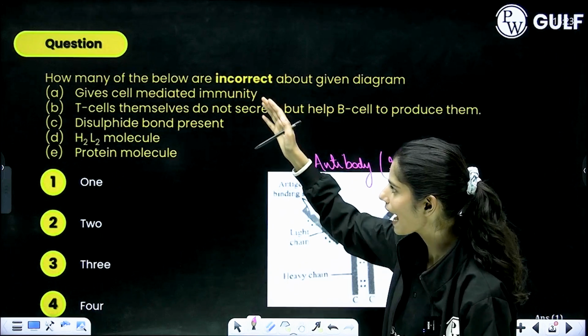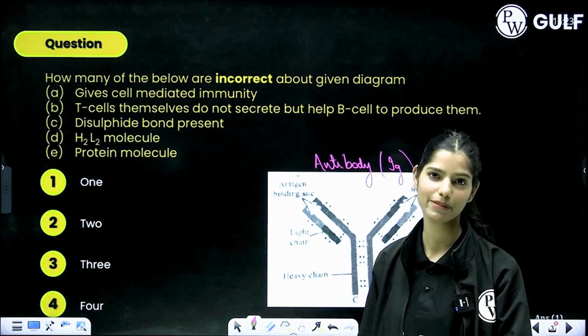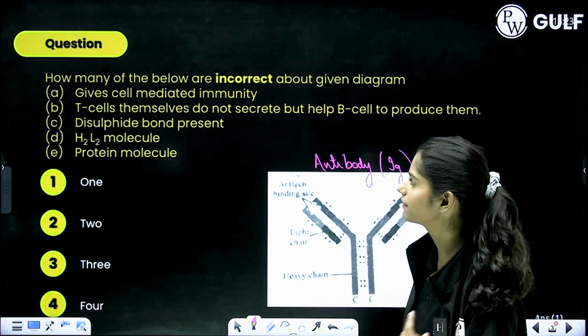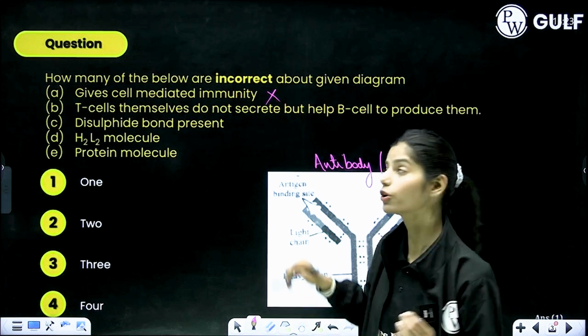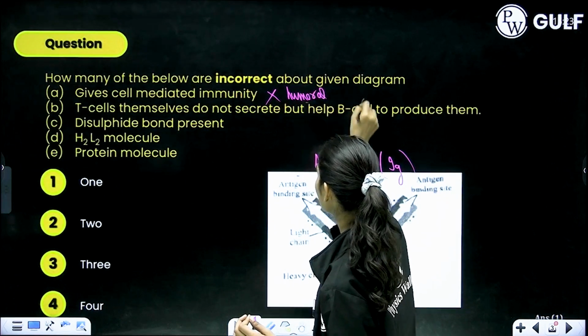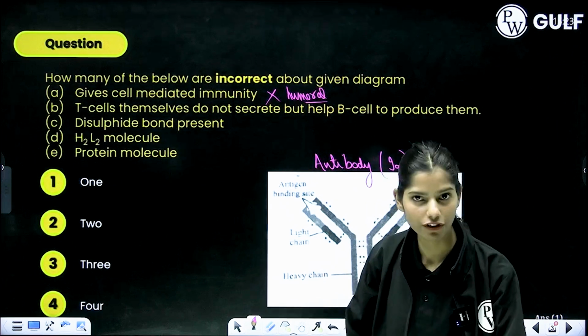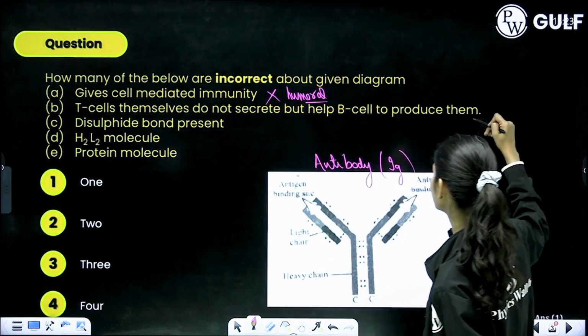So here we have the statements, and you have to read the statements and choose how many statements are actually wrong. So the first statement is gives cell-mediated immunity, which is definitely wrong. It gives humoral immunity, right? We have learned that cell-mediated immunity is given by the T lymphocyte cells, right? Then T cells themselves do not secrete but help B lymphocytes to produce them.